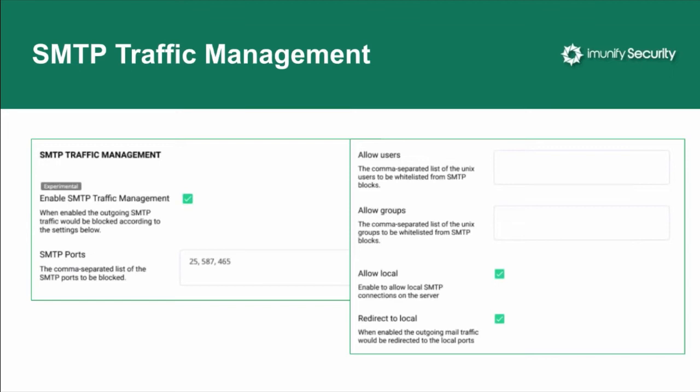This feature allows you to enable SMTP Traffic Manager to block particular ports, to whitelist specific users, allow local SMTP traffic, and also redirect SMTP traffic to local MTA. So you can prevent spam, you can manage SMTP more carefully and keep it under control.